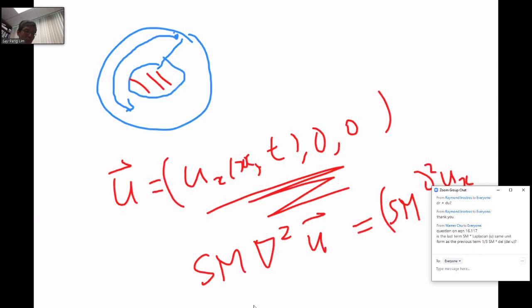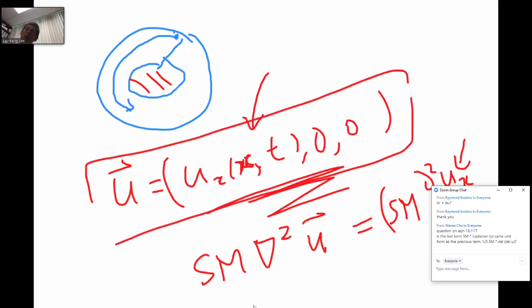So only under the condition of u equals u(x,t), 0, 0 does that equivalence apply. Yes, that's why I say these are plane wave solutions. They depend only on x. Otherwise, it will not be just this term. The Laplacian would then add partial squared u_x by partial y squared and partial squared u_x by partial z squared. It's just that for a longitudinal plane wave, that's what we mean by the displacement.